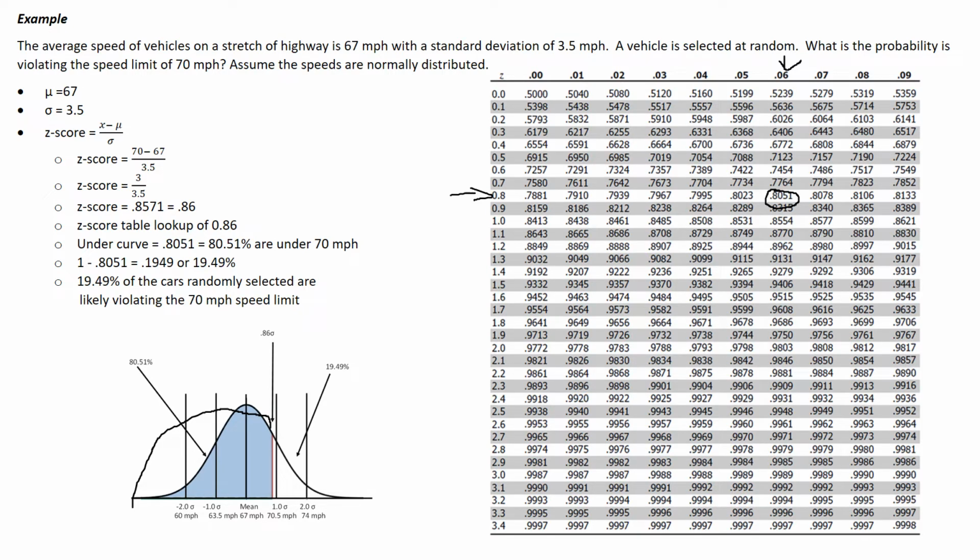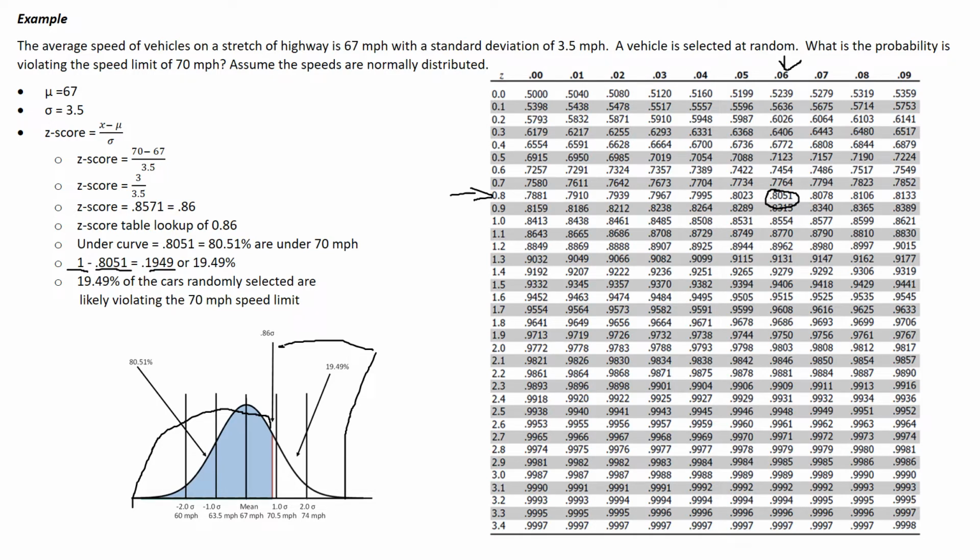But the remaining part is on this side, from here to this side of the curve. And remember, everything on the curve is 100% or 1. So all I would do is take 1 minus 0.8051, and what's remaining is 0.1949 or 19.49%.